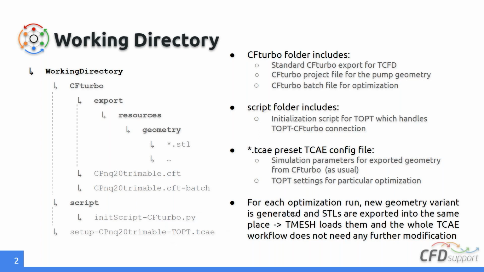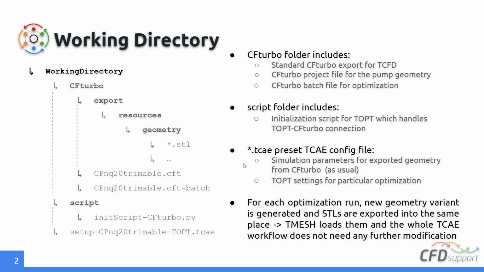For each optimization run, the new geometry variant is generated using the CFturbo batch mode, and basically the script does the communication with the optimizer. So in each optimization run, it gives us a new point in the parametric space. We send it to CFturbo via this batch script.